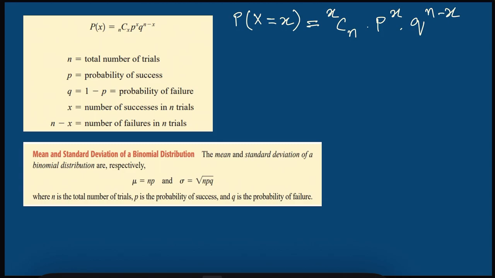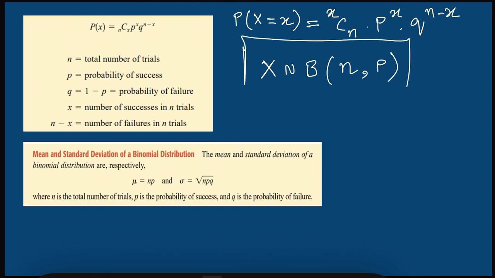Simple. So we can clearly say that if X is a random variable which follows a binomial distribution, it needs only two parameters, n and p. If I have n and p, I can easily calculate the PDF at any point.